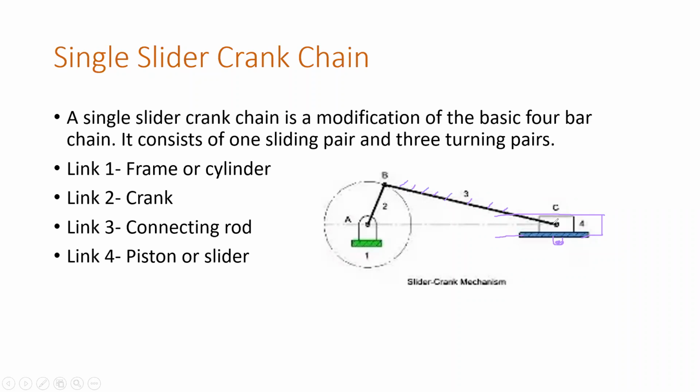This piston is extended like this with the help of a piston rod, and the point A is now not fixed here. Point A is free. Okay, so what will happen here? When you will rotate the link 2 about the point B, then what will happen?